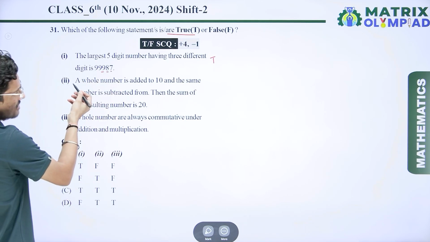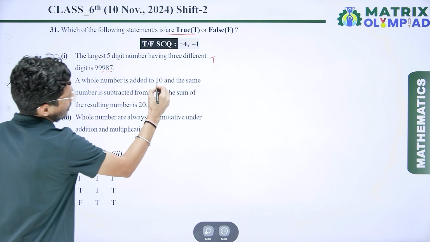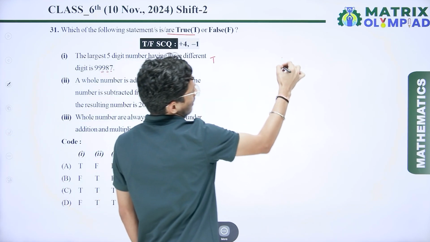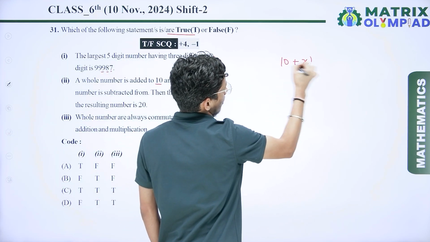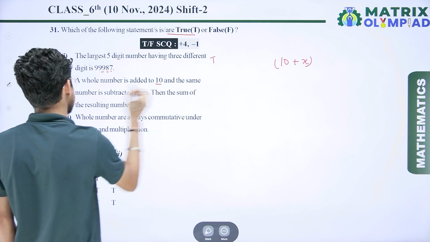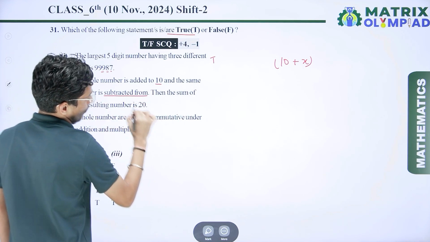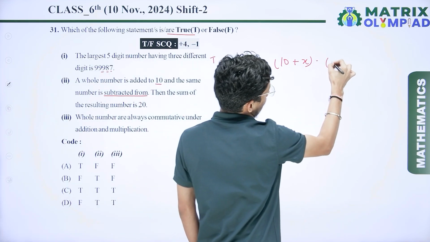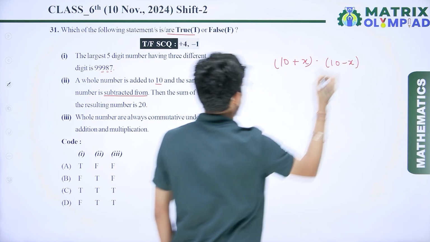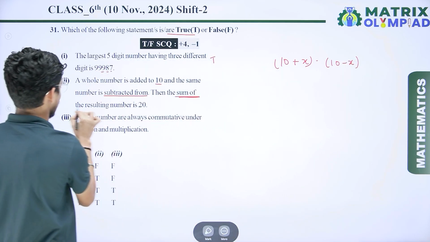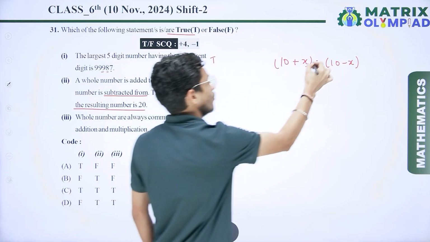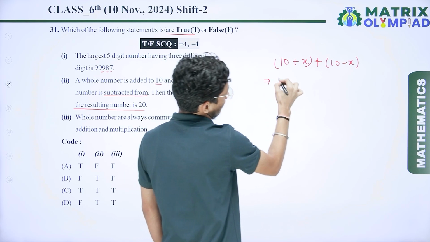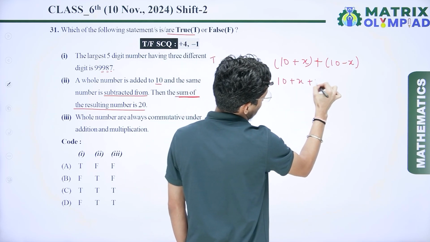Now if I talk about the second statement: a whole number is added to 10, and the same number is subtracted from 10. Then the sum of the resulting numbers is 20. Here we have to find the sum. So I can say 10 plus x plus 10 minus x.